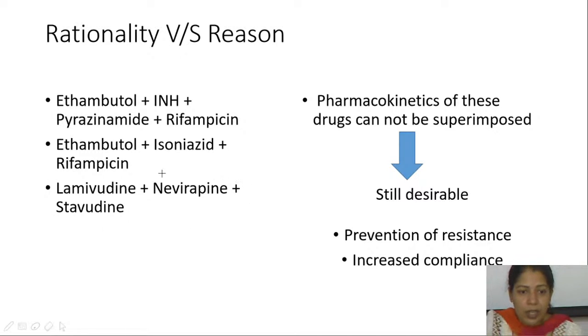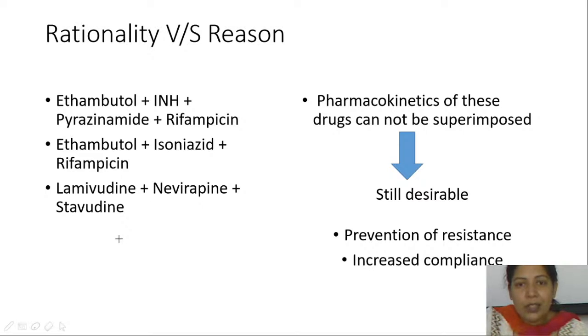Similarly, for HIV, lamivudine, nevirapine and stavudine are drugs for HIV. HIV patients, especially if they develop AIDS, would be on several drugs for treatment of HIV, and also for treatment of opportunistic infections. So their regimes get very, very complicated.